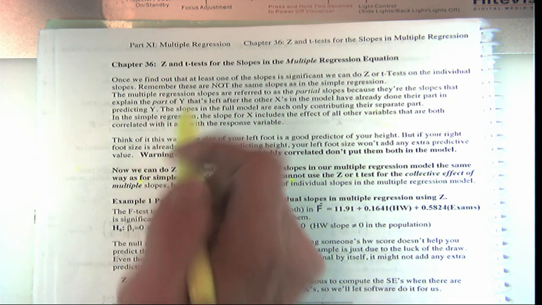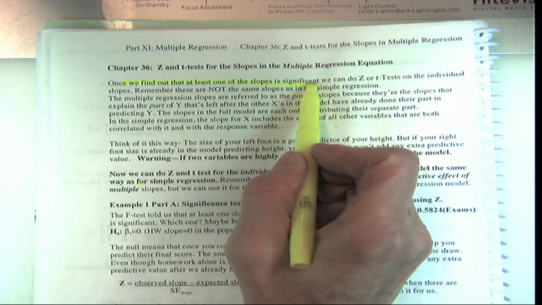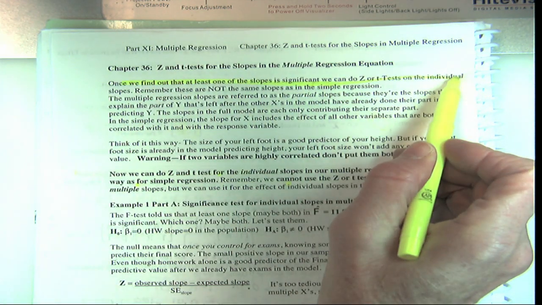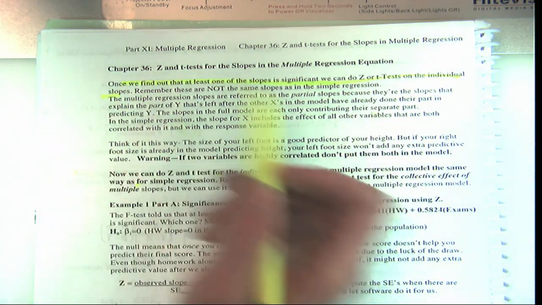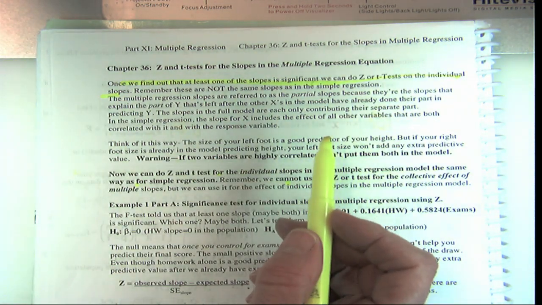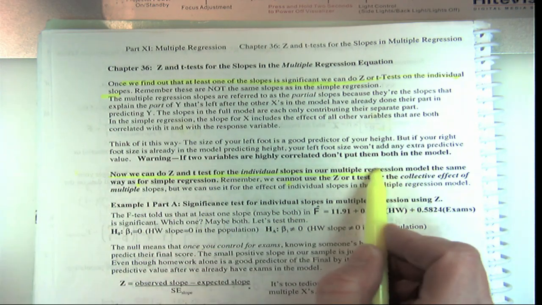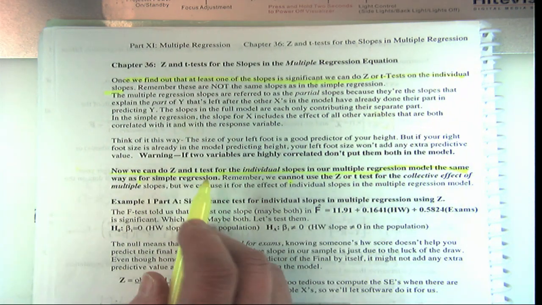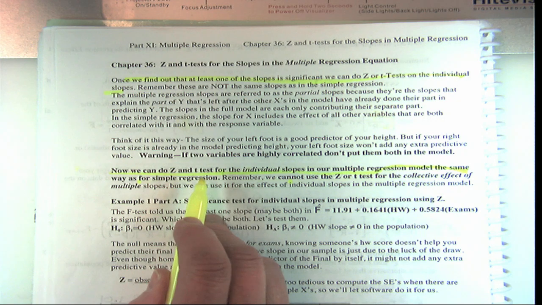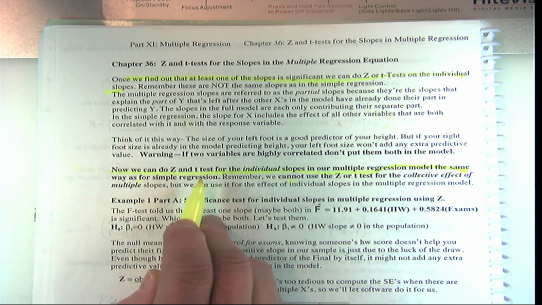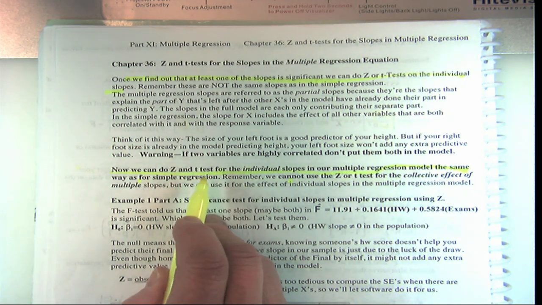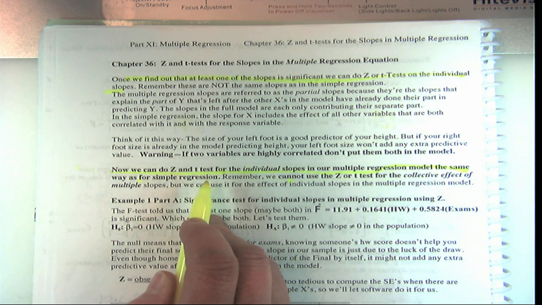So what I said is once we find out that at least one of the slopes is significant, we can then do Z and T tests for the individual slopes in our multiple regression model. The same way we did for simple regression, but we have more information because we're looking at the effect of all the slopes together.